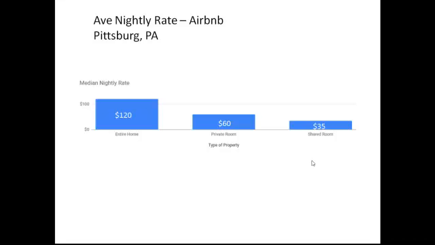Private rooms, that's where you're renting out a guest room, go for $60 a night, and a shared room goes for half that, about $35 per night. Look at that, the entire house and the private room, it's about half. This $60, if I times it by 2, is $120, so that's pretty good. The entire house is worth twice as much as the private room.